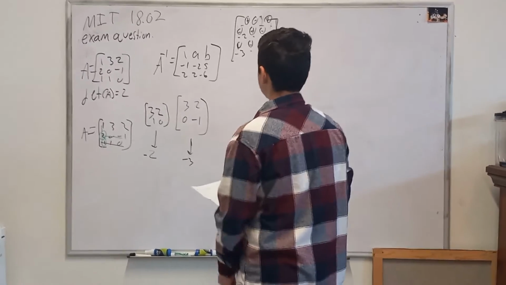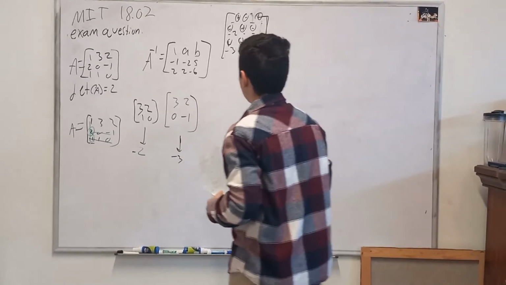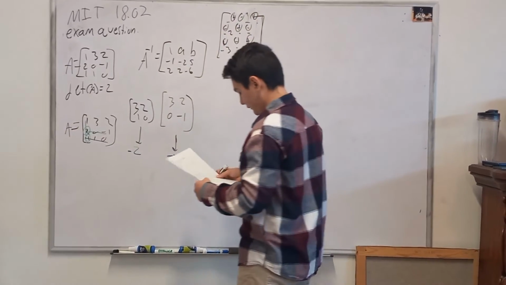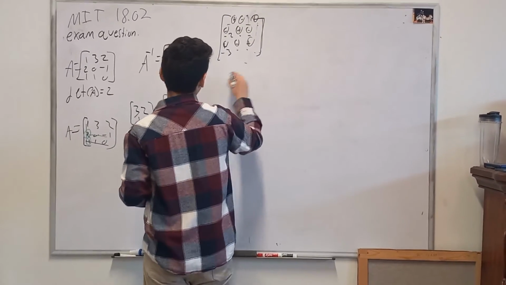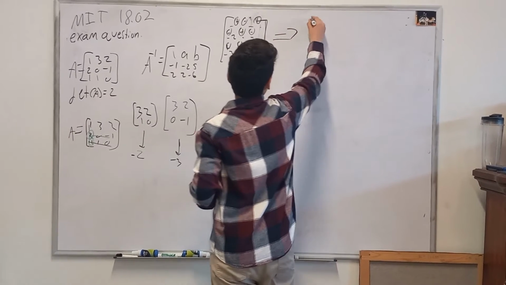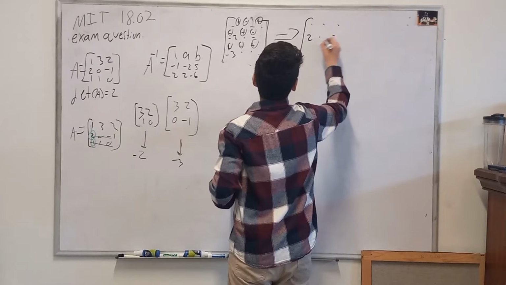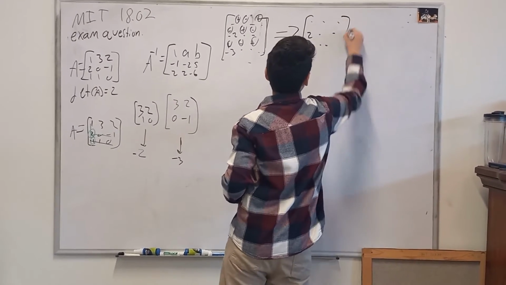And then what we're going to do is change this negative 2, because a negative times a negative gives a positive. It'll give us positive 2, and then negative 3.